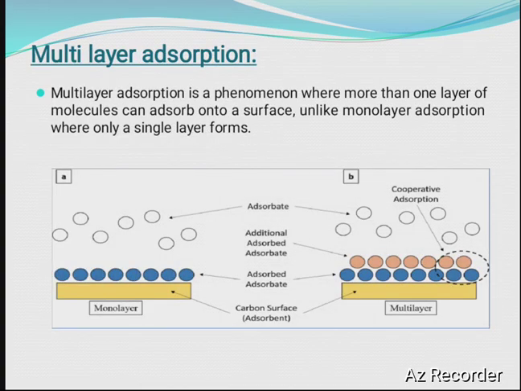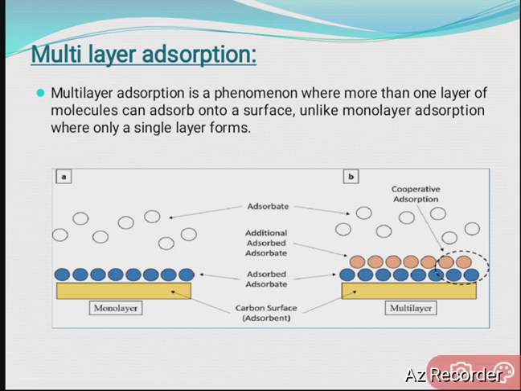Multi-layer adsorption. What do we mean by multi-layer adsorption? Multi-layer adsorption is a phenomenon where more than one layer of molecules can adsorb onto a surface, unlike mono-layer adsorption where only a single layer forms.